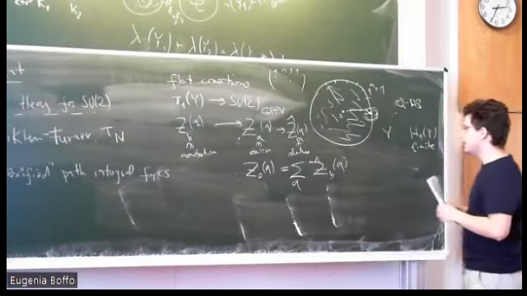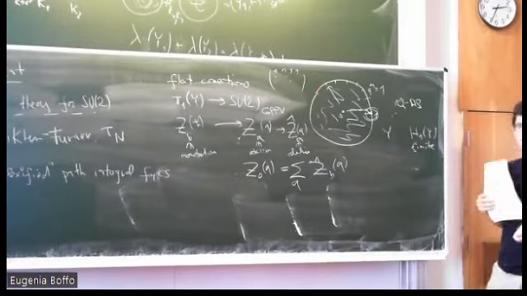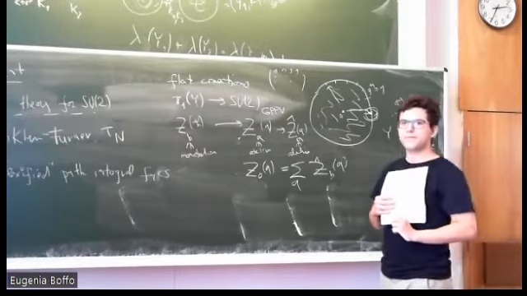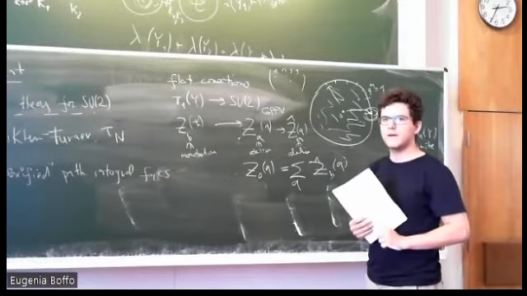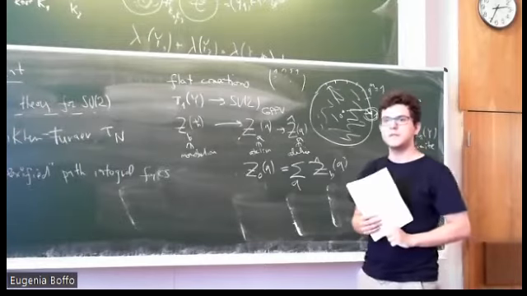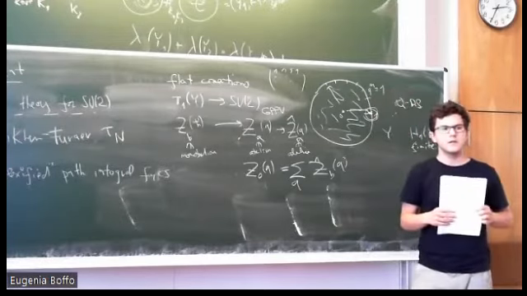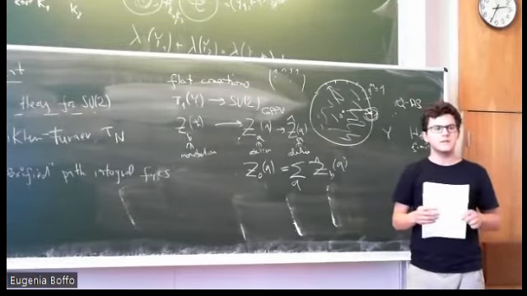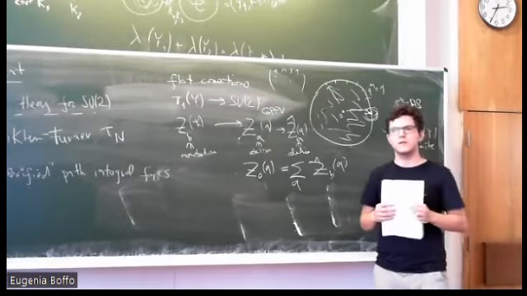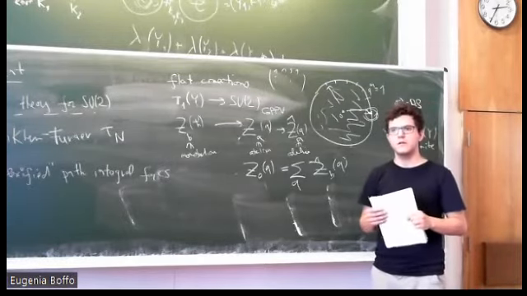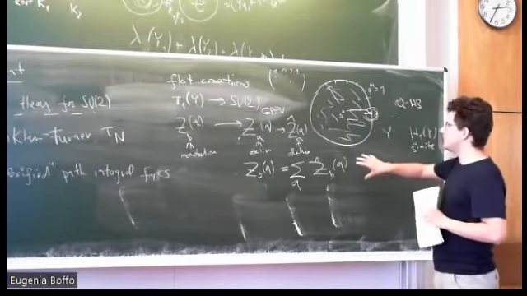Anyway, it is somehow a product connection. A spin-C structure is spin times U1 over Z2. I don't understand the word abelian. Sorry, I'm talking about this U1.